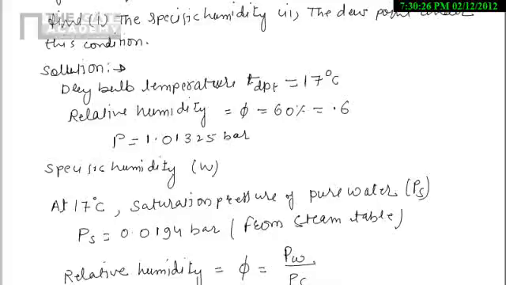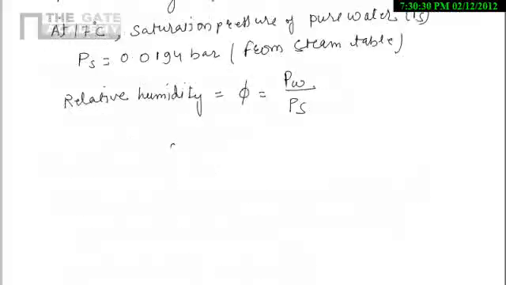Now we put the values in that formula: phi is given 0.6 equals PW, the partial pressure of water vapor, which we have to find out, divided by PS at 17 degrees centigrade, that is 0.0194.